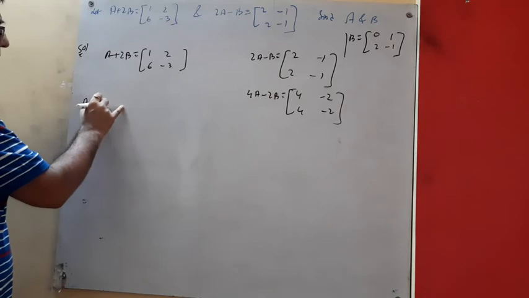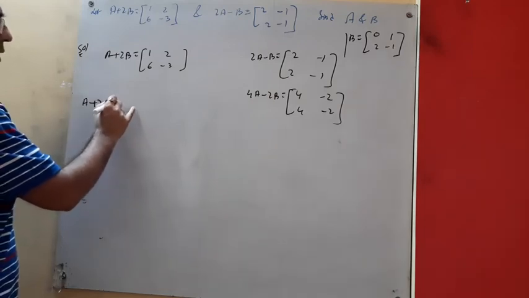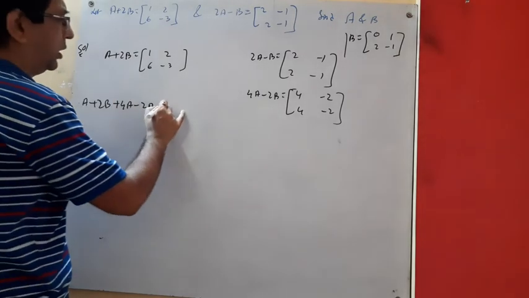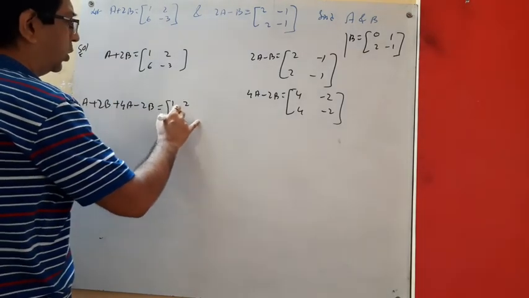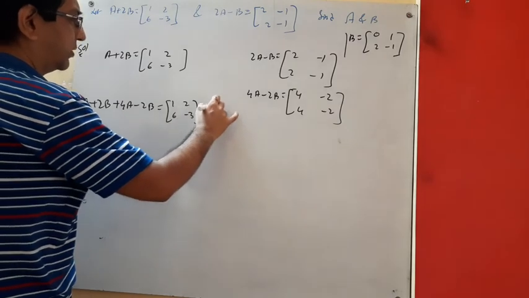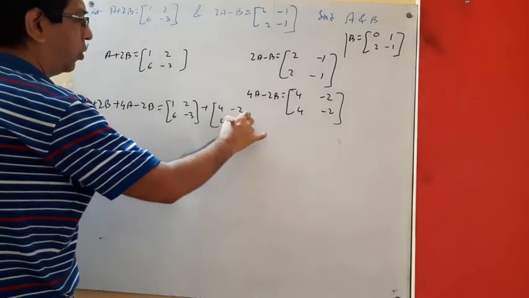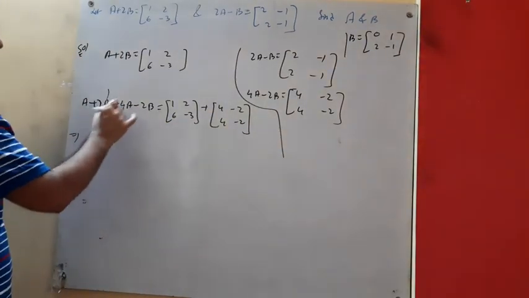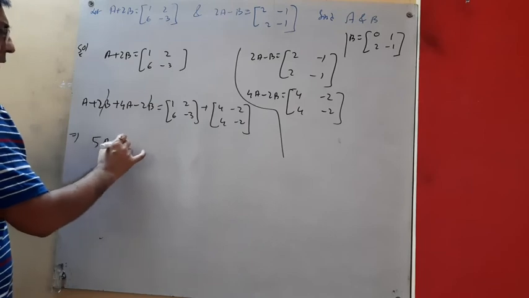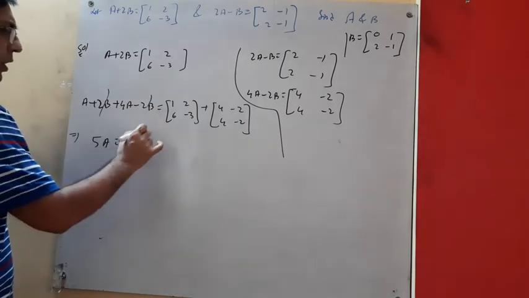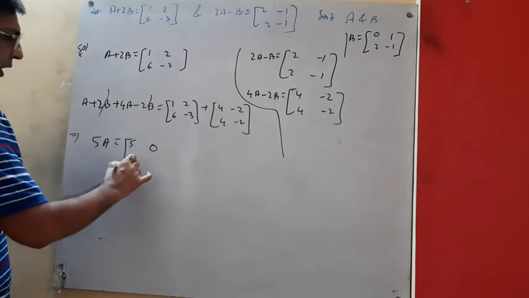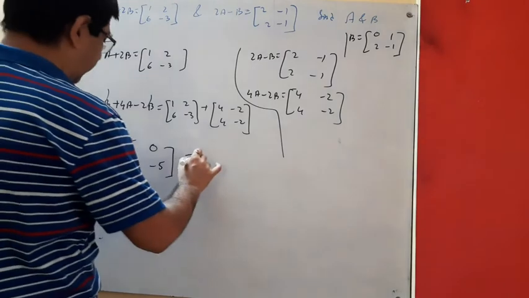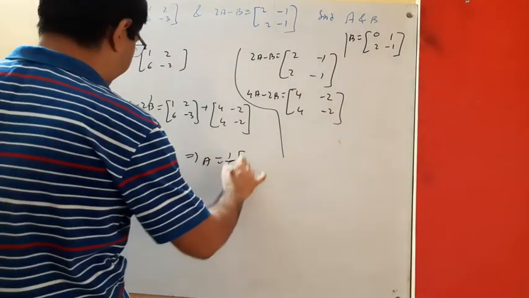Now A plus 2B plus 4A minus 2B, this one plus this one, equal to 1, 2, 6, minus 3 plus 4, minus 2, 4, minus 2. So this one cancels. 5A equal to 1 plus 4, 5, 2 minus 2, 0, 6 plus 4, 10, minus 3 minus 2, minus 5. So that implies A equal to 1 by 5.